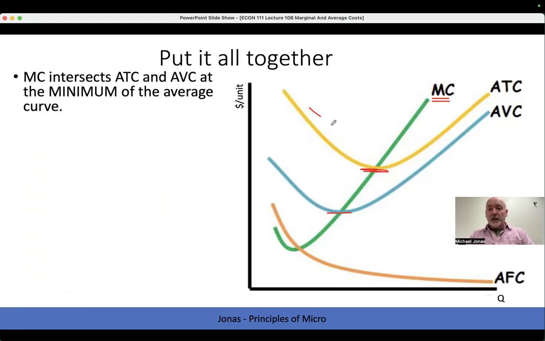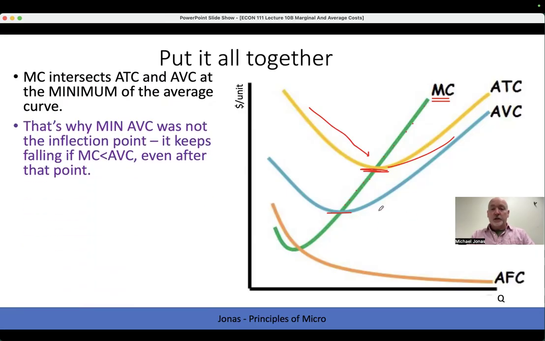It's going to be declining as long as the marginal is below the average. And it's only going to start rising when the marginal is above the average. So the only way that can happen is if they intersect right at the bottom, right at the minimum of that average. And the same thing's going to be happening on the average variable cost as well.